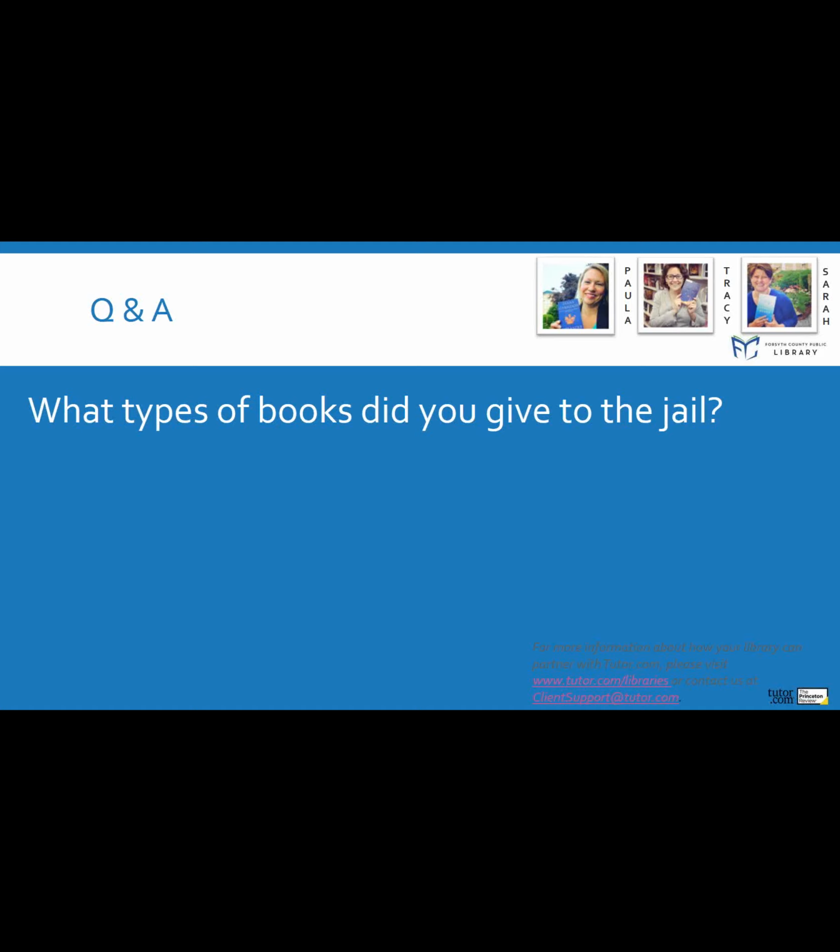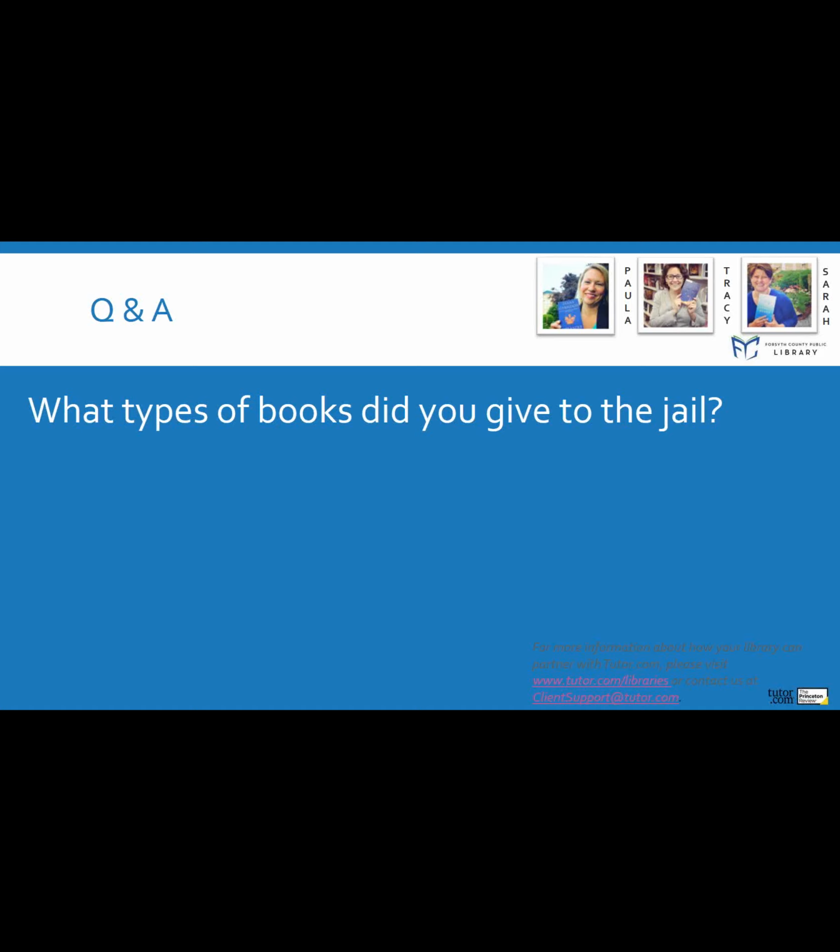There's also a demand for inspirational fiction, and this particular facility is men and women, so I try to give a balance of those. Just really popular bestsellers, but as we get into a series, she'll let me know, okay, I'm missing number 17 in the Ladies Detective Agency, so we kind of take it on a monthly basis.